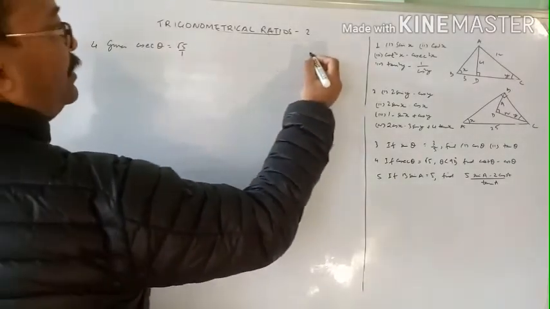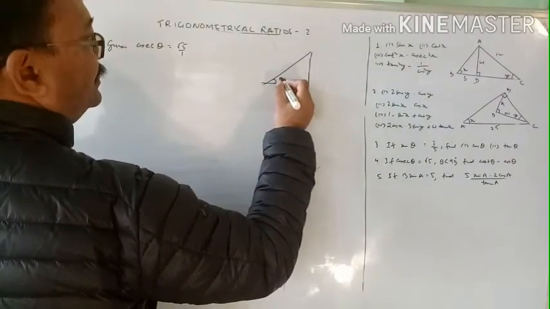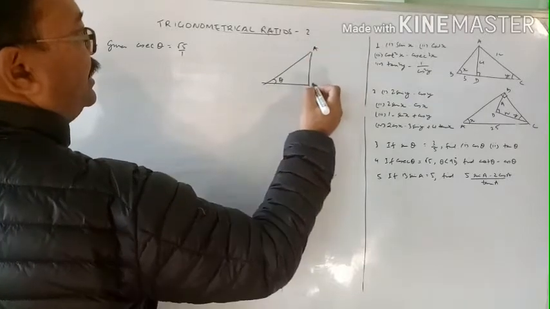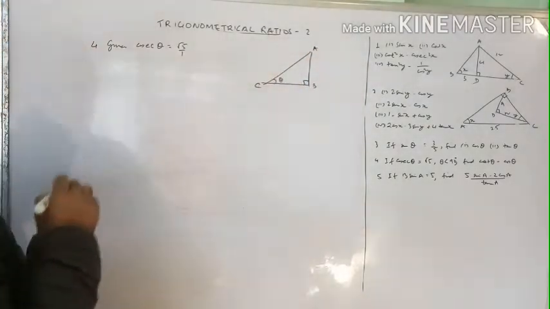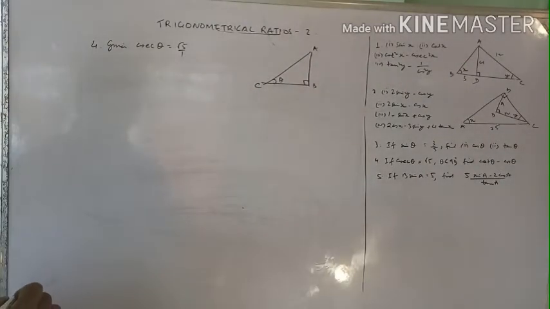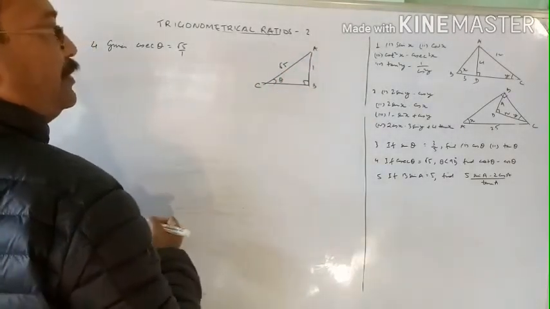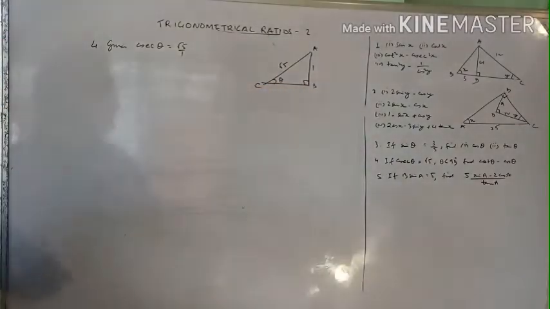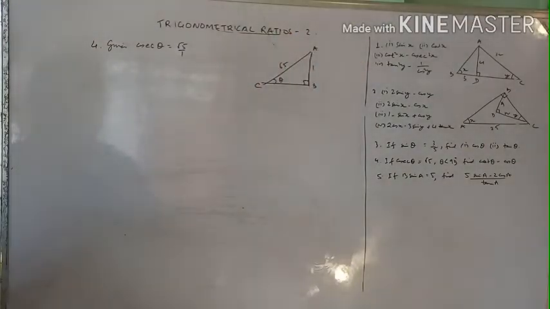Okay, so take a right angle triangle and take this as theta. Right angle triangle ABC, right angle at B. So suppose the angle of reference is theta. Okay, so sin is P by H, so cosec is H by P. So H is root 5 and P is 1. Now if we can find BC, then we can find all the ratios, because once you know 3 sides, you can find any ratio.